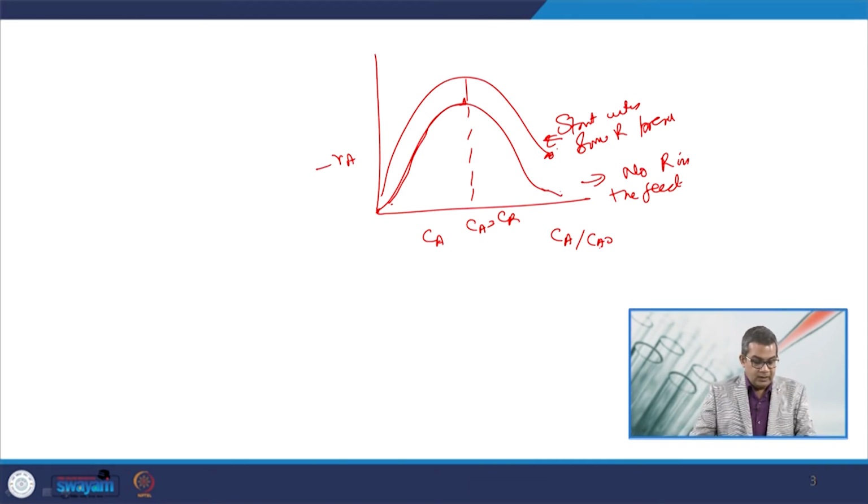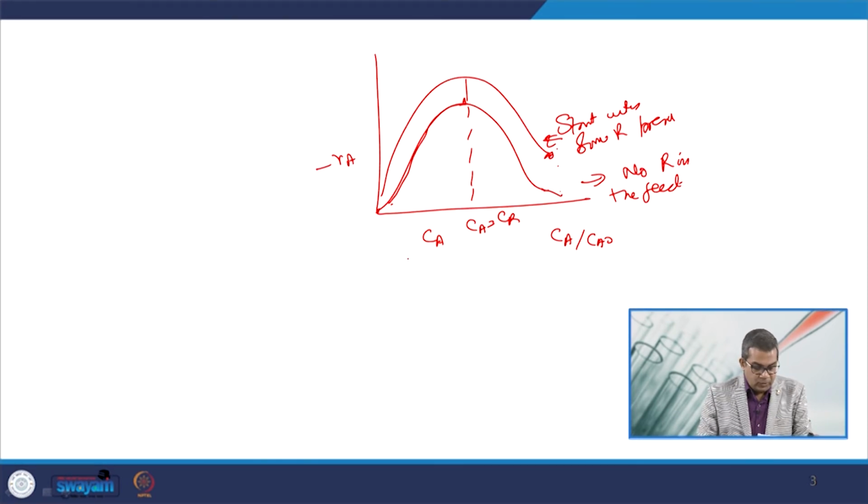So, when we conceptualize this, in an autocatalytic reaction in a batch reactor, some R must be present. Starting with a very small concentration of R at the start, we can see that the rate will rise as R is formed.